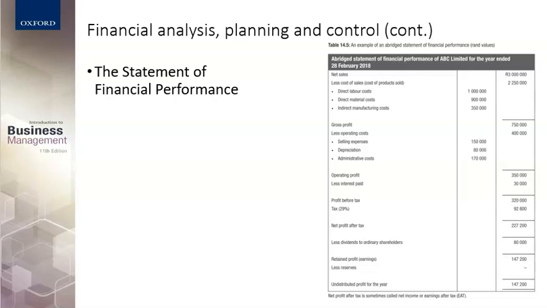So this is generally the statement of the financial performance, showing the net sales, gross profit, net profit, operating profit, taxation, and also all those undistributed profits. So generally we're trying to see how profit was generated over a period of time.